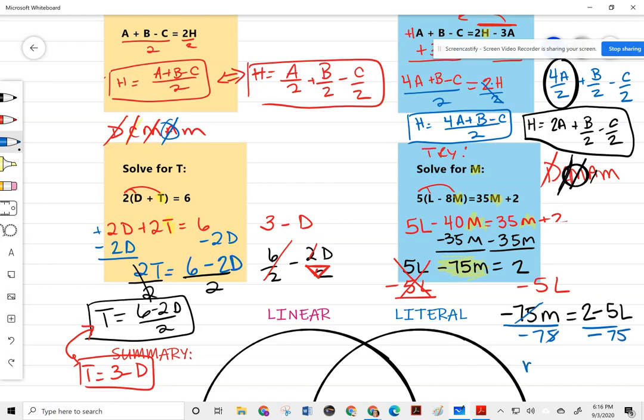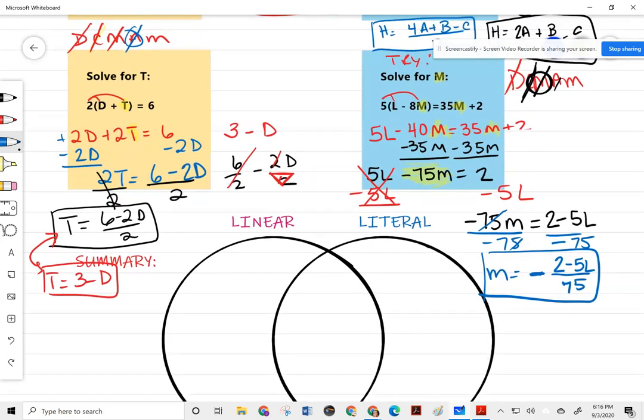And so I get M is equal to, now this negative, we don't necessarily like to have that negative in the denominator. The proper way to do it is definitely off to the side, and then 2 minus 5L over 75 would be how I could write that. Or, and I want to make this clear that this is an or, right?